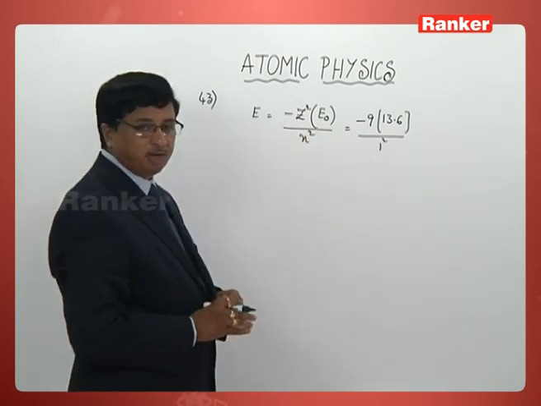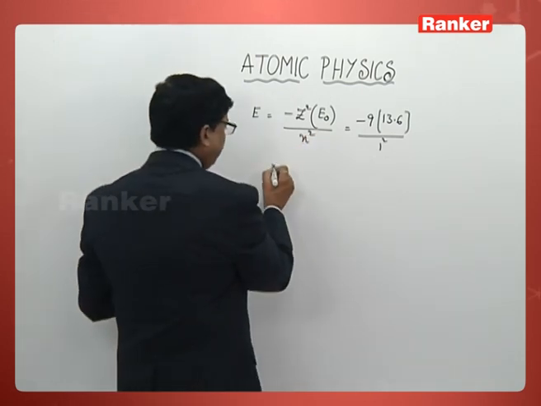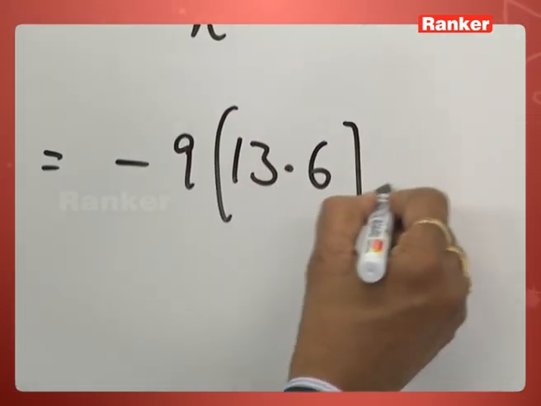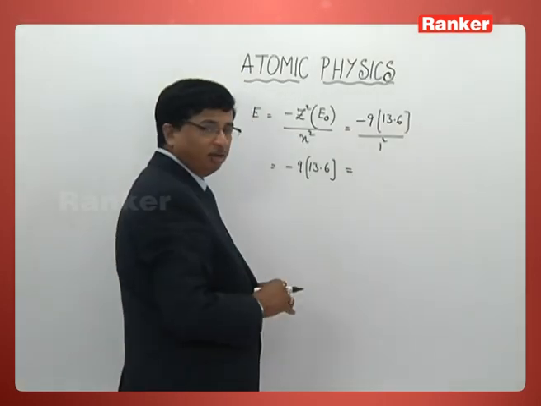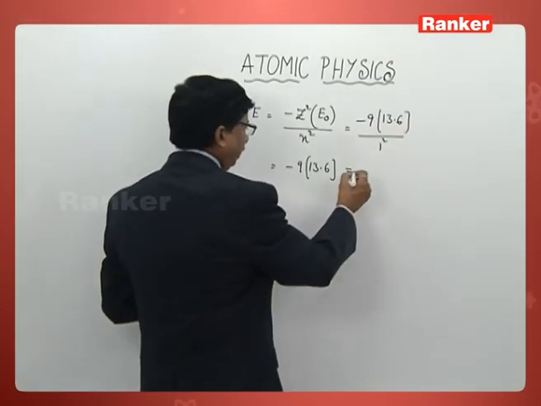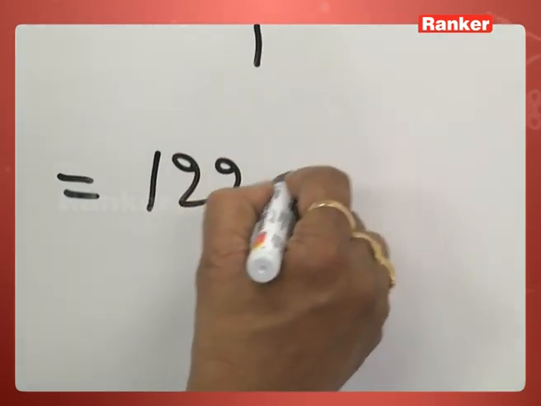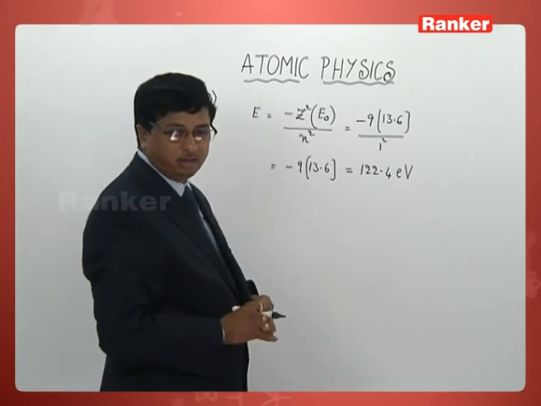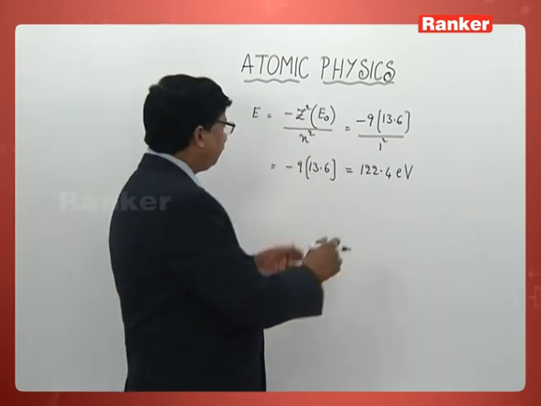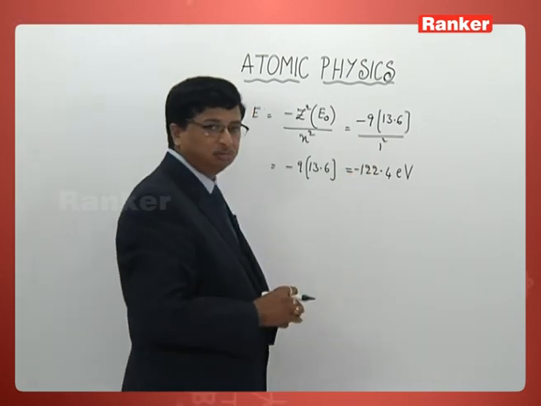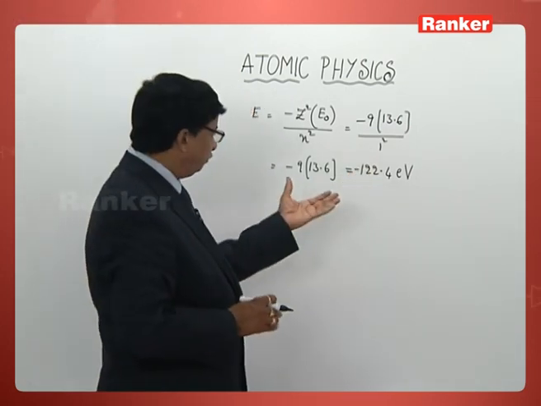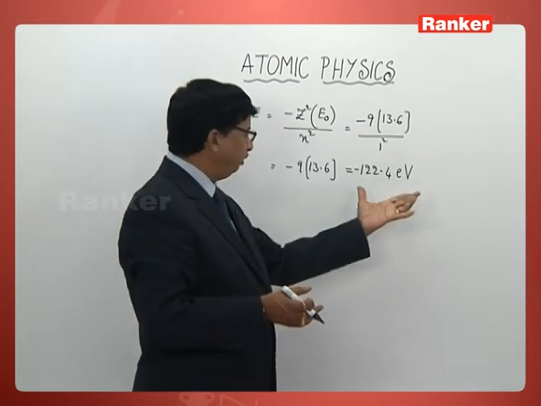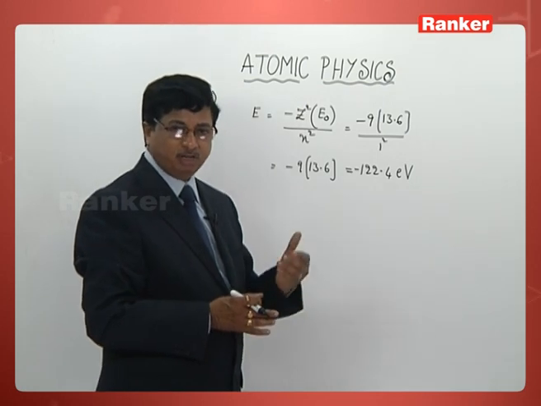Now what are you directly getting? It's minus 9 times 13.6. How much are you going to get? Exactly 122.4 electron volt, of course with a negative sign, no doubt. But the question is just asking what amount of energy is required. So the required energy is 122.4 eV, we can directly write.